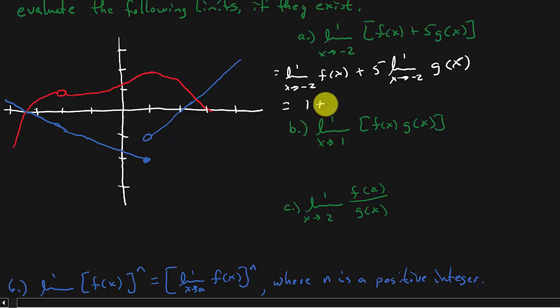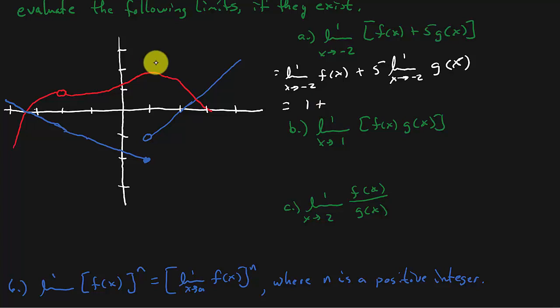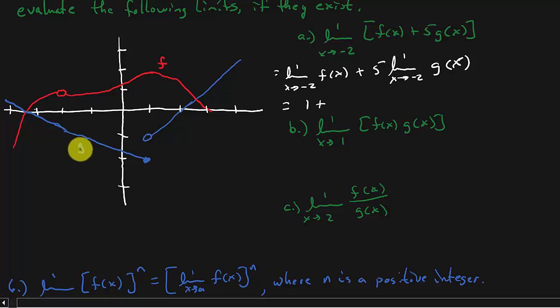And then that's going to be plus, and now I've got to do the limit of g of x as x goes to -2. Oh, and I'm sorry, I did not label those graphs. The red graph is f and the blue graph is g.